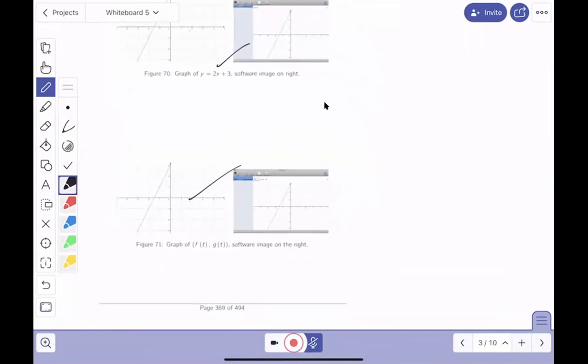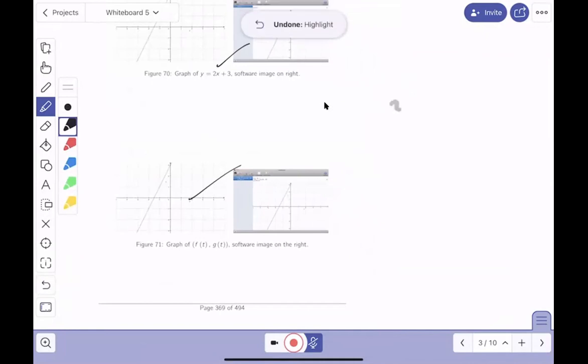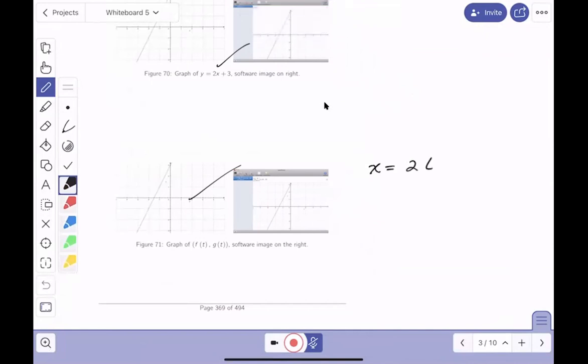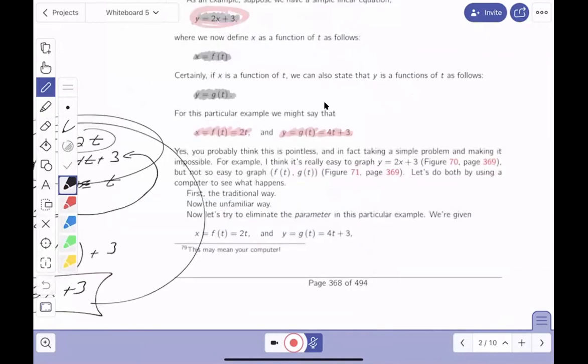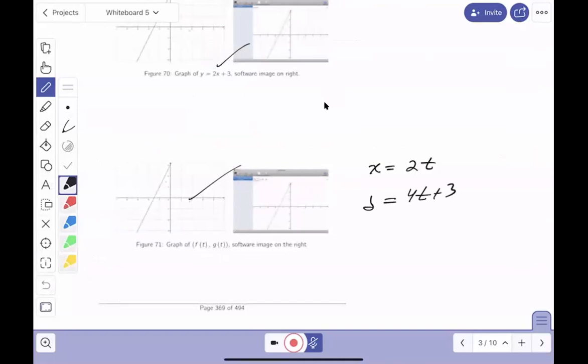What's the parametric form? x equals 2t and y equals 4t plus 3. I want to go back over here and point out, I did that right. And then over here, this is y equals 2x plus 3.